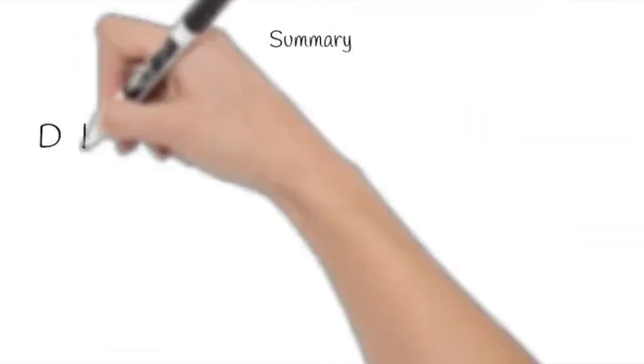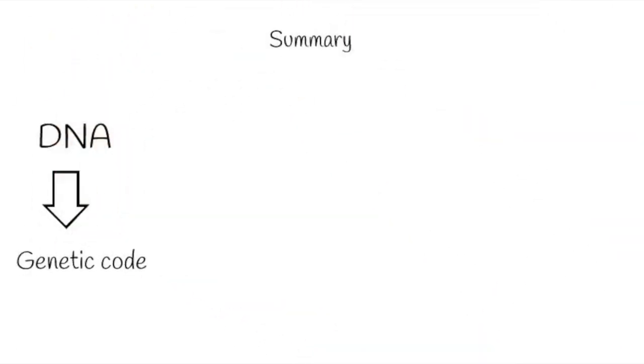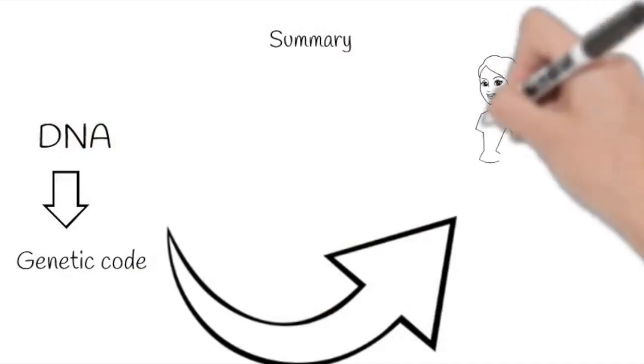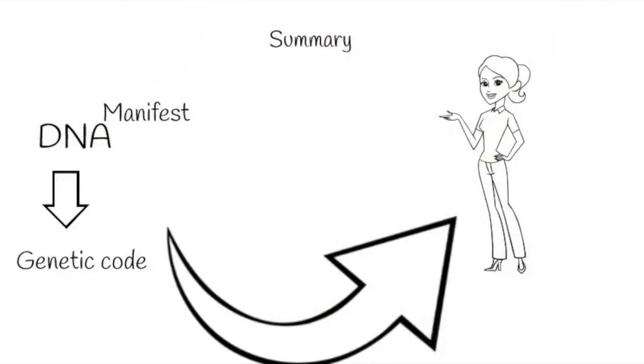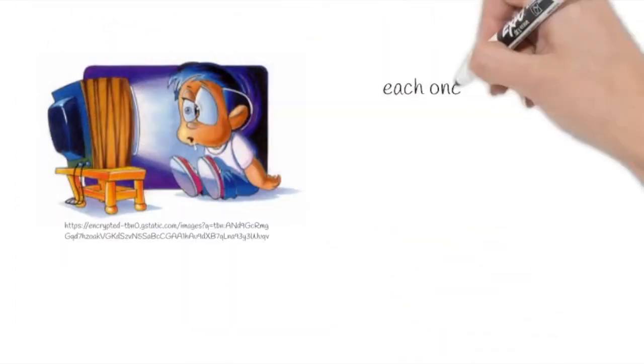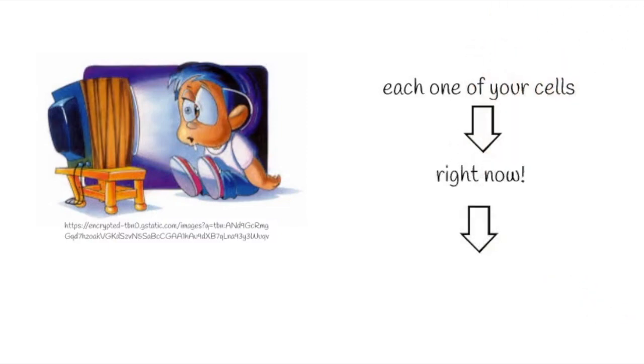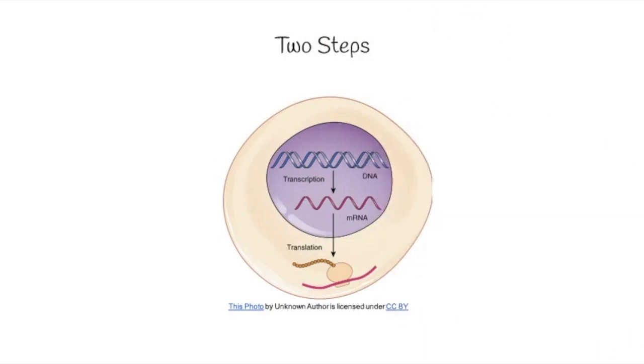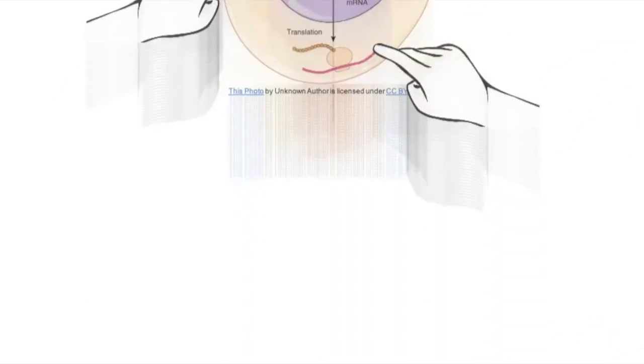In summary, our DNA contains all genetic codes which define us, and it will manifest through the proteins in our body. While you are watching this video right now, you are making proteins. The synthesis of proteins takes 2 steps: transcription and translation.